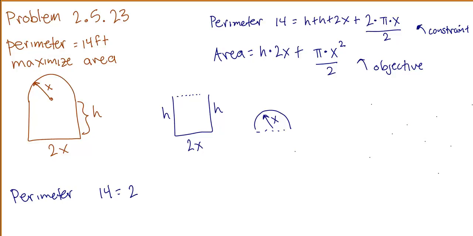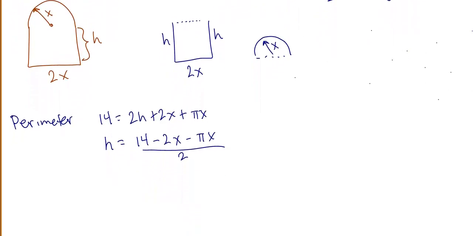So 14 equals 2h plus 2x plus pi x. To solve for h, I would take 14 minus 2x minus pi x and divide by 2. This is h. I'm not going to worry about simplifying it too much. I'm going to plug it into my area equation.